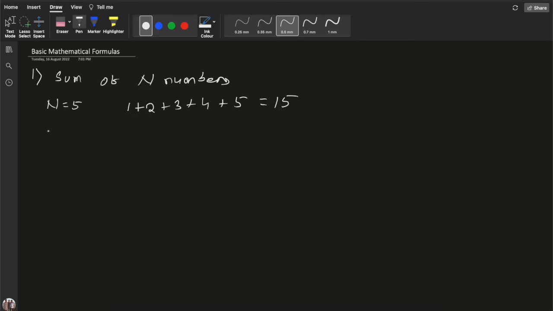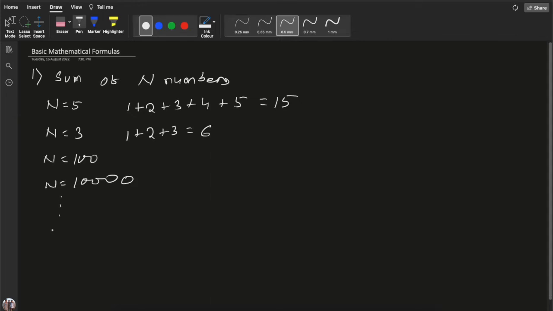Say n is 3: 1 plus 2 plus 3, it will be 6. Similarly we can have till 100, or 10 lakhs, or 10,000, or similarly till n numbers.